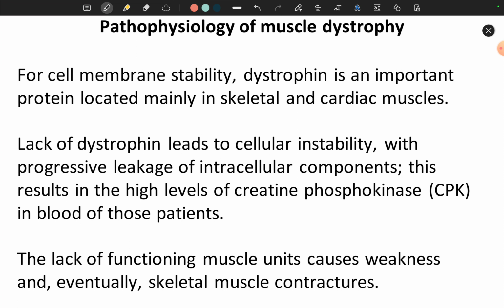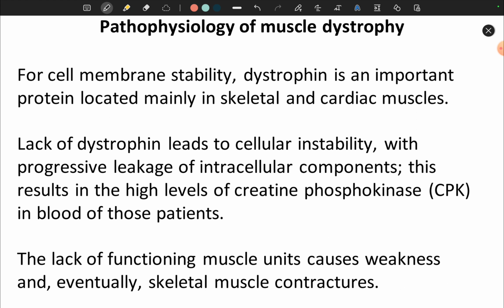One of the important components in the cell is this enzyme, CPK, which is creatine phosphokinase. When there is an increase of this enzyme in the blood, it goes with the diagnosis of muscle dystrophy. This enzyme is measured in this disease because it indicates there is a problem in the membrane. This enzyme is intracellular.